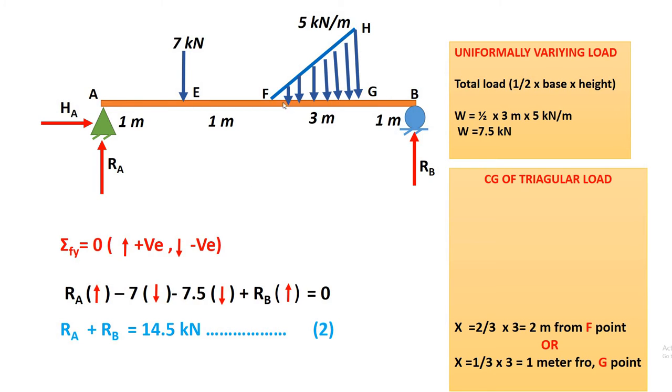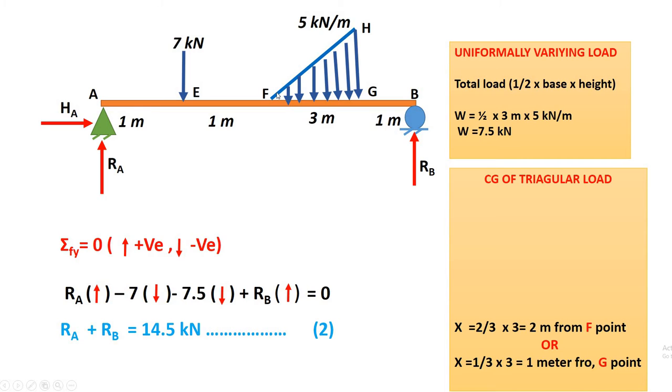Now this load is a UVL: 0 over here at F and 5 kilonewton per meter at H. So the intensity of load is uniformly varying from 0 to 5. We need to determine the total UVL. Does it look like a triangle? How do we determine the area of a triangle?